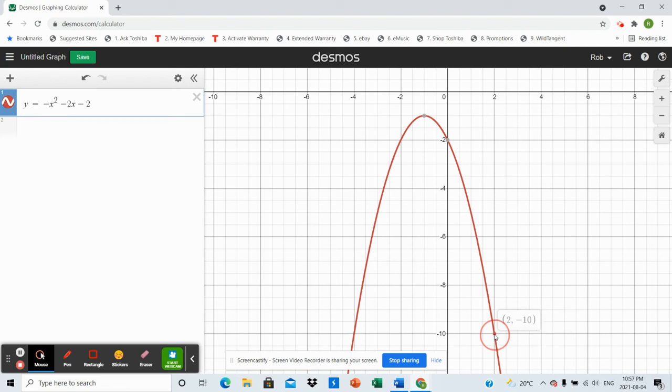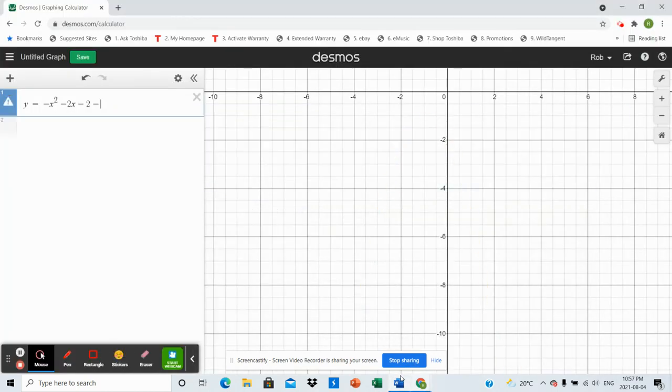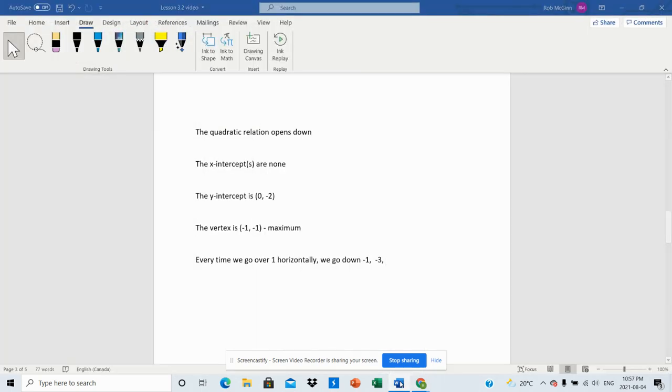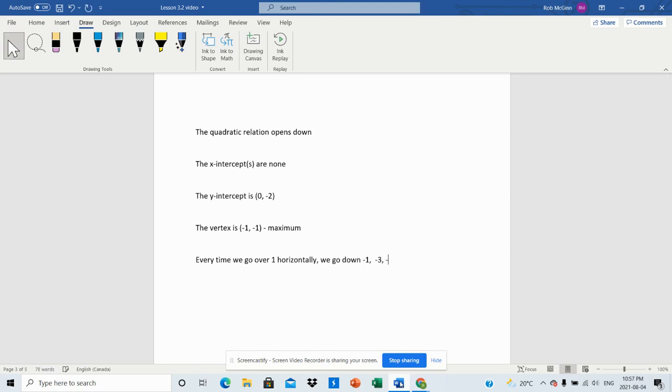Well, we were at 1 and minus 5. Now we're at 2 and minus 10. So we dropped another 5. Whoa, what happened there? Let's go back here. So we went down 1, then we went over again and dropped down 3. Then we went over again and dropped down another 5.